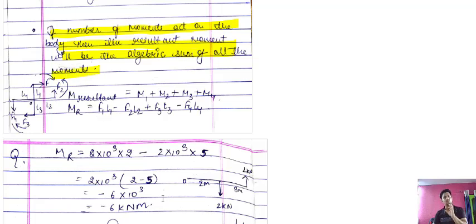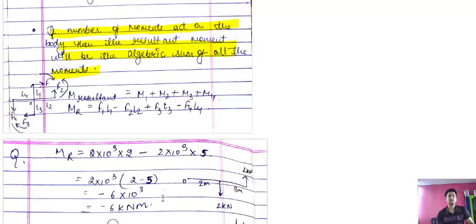If a moment is in the other direction, you need to subtract it. If two moments are in clockwise direction and one is in anti-clockwise direction, then you add both the moments which are in the same direction and subtract the moment which is in the opposite direction.